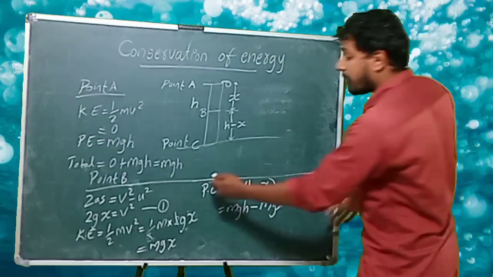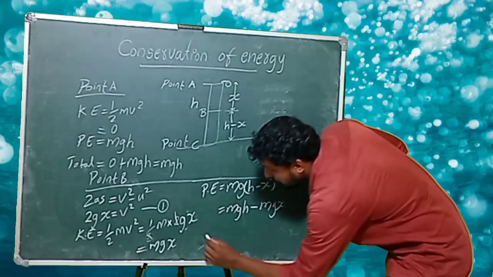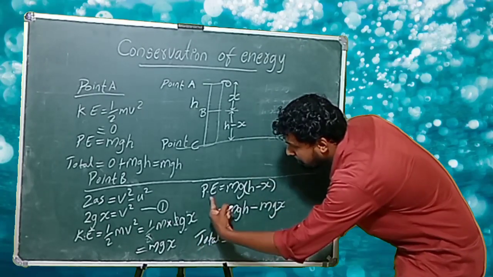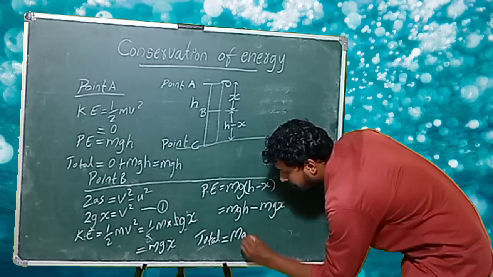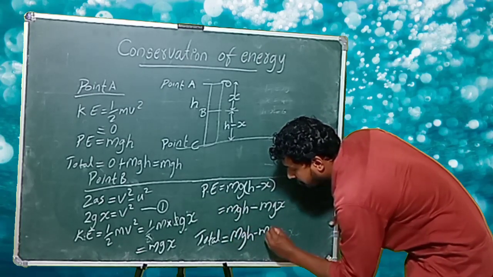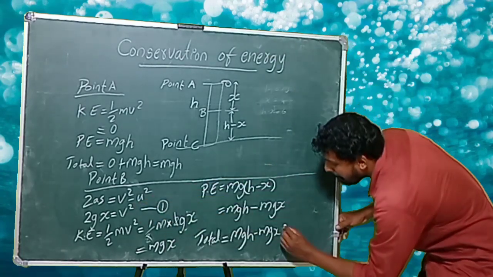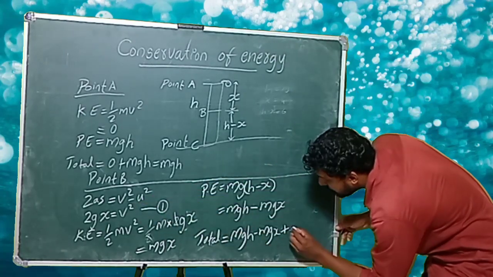Then what is the total kinetic energy and potential energy? Total is potential energy mgh minus mgx plus kinetic energy plus mgx.